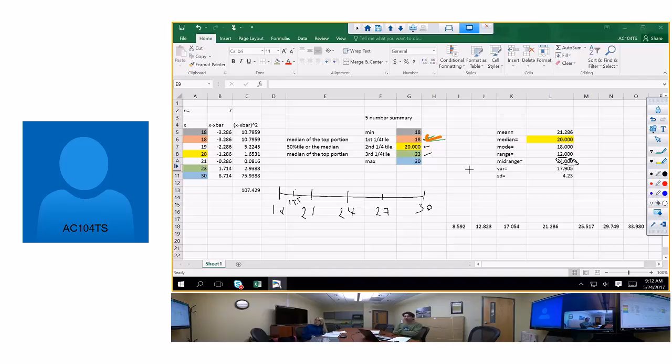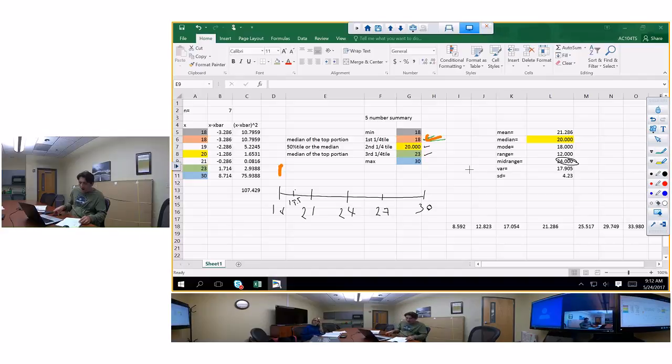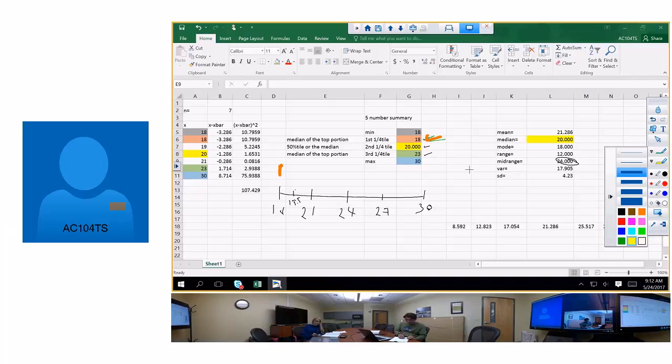There's 19.5, and this is 18, so the box is going to be right there. There's the beginning of the box, and then the yellow is going to be 20, which is about right here, and then the 23 is green, and that's going to be right in here.